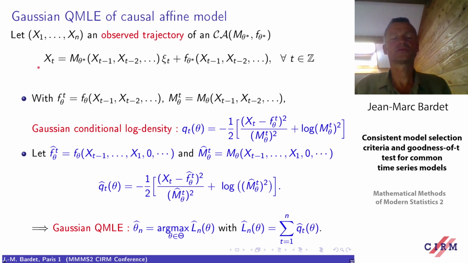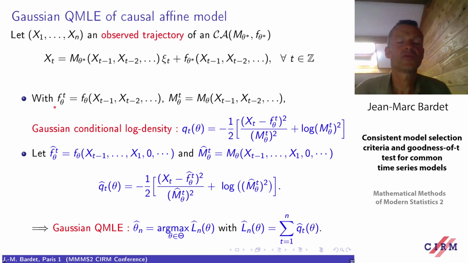So the relationship defining the dynamic of xt is the dynamic of a causal affine process. So you have, as before, the functional m theta star times xi_t and the functional f theta star of all the past values here. And now we will use some notation.